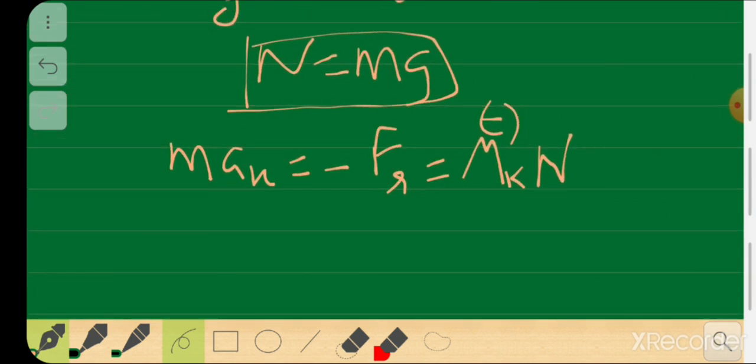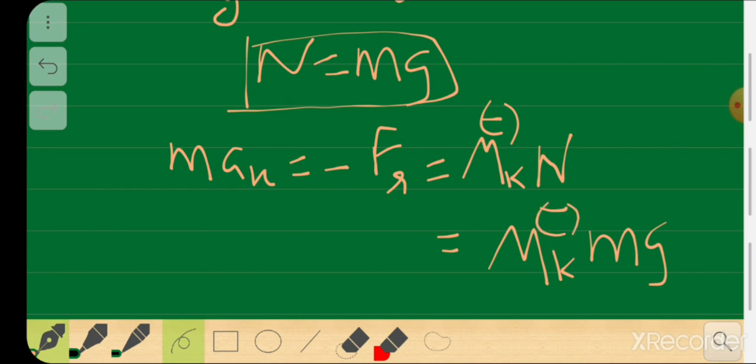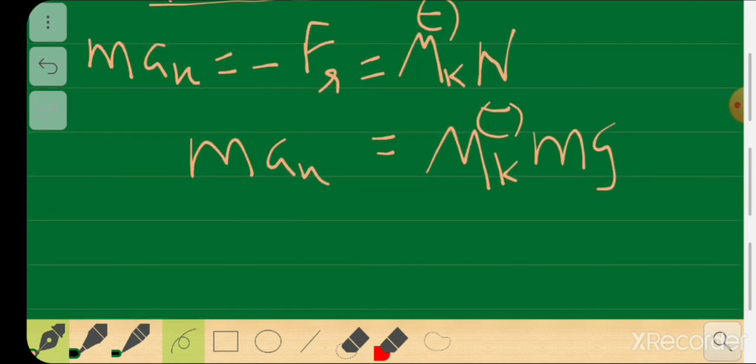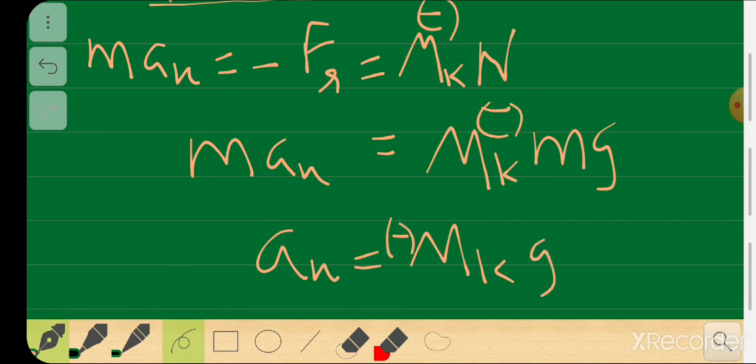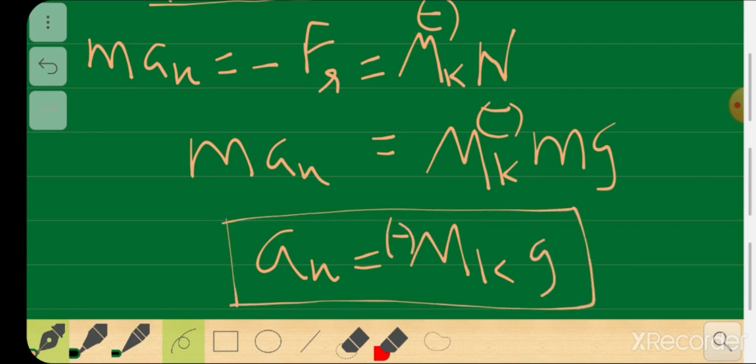The normal force is just mg, so this is equal to minus mu k times mg. That is equal to max. Now m and m cancel, and so ax must be equal to minus mu k times g. So ax is equal to minus mu k g. Okay, we found that.